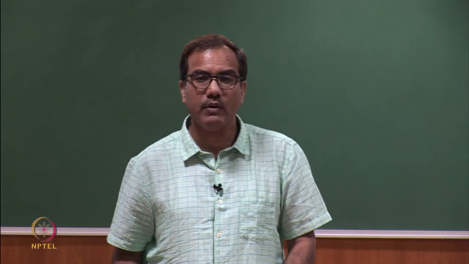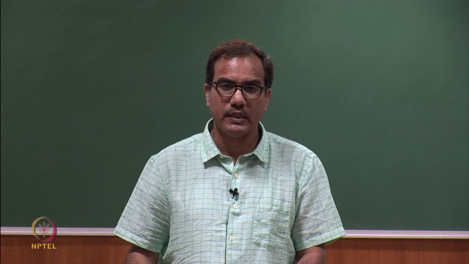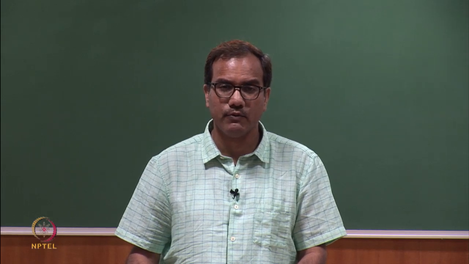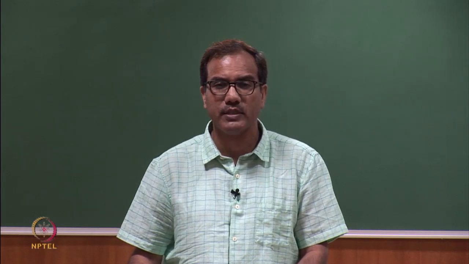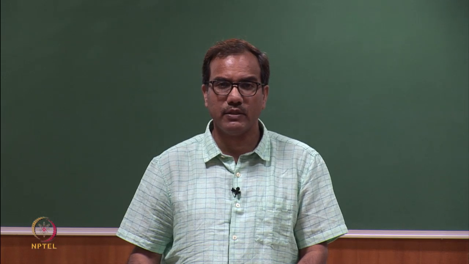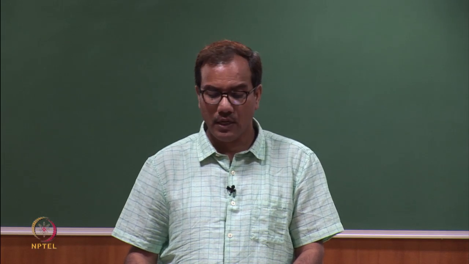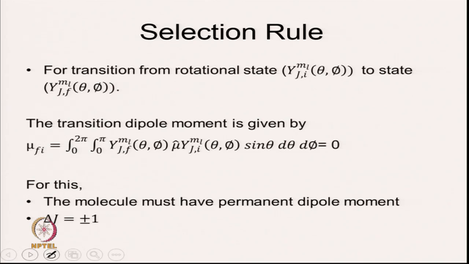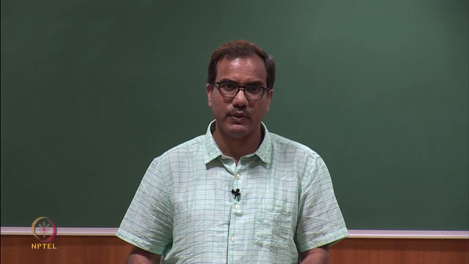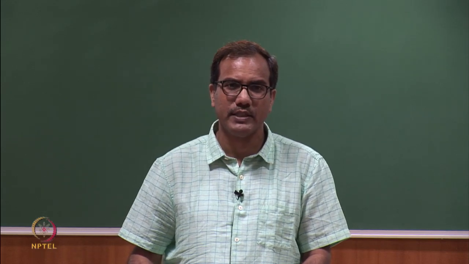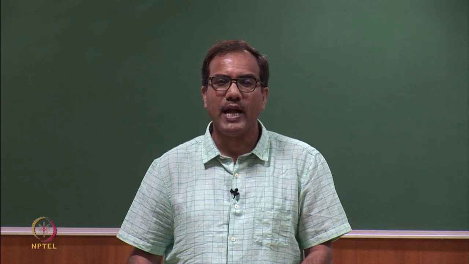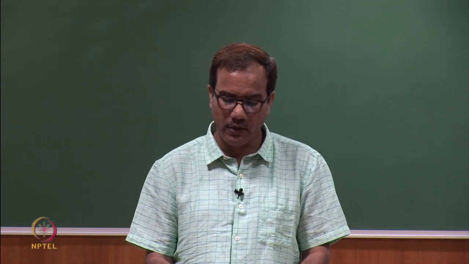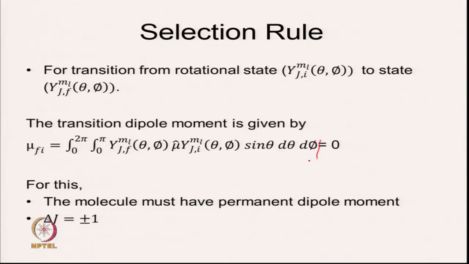Okay, so now we know the delta E, or the frequency and wave number associated with different transitions. Now, we need to know the selection rule, which kinds of transitions are allowed. For that we need to calculate the transition dipole moment, and this should not be 0 if your transition is allowed.